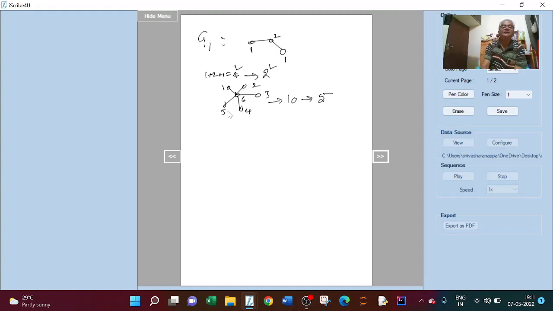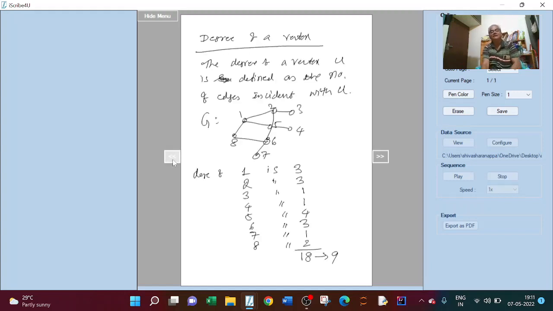So here, the sum of the degrees is equal to 4, and 2 is the number of edges. Sum of the degrees is equal to 10, 5 is the number of edges. And in the first case also, the sum of the degrees is equal to 18, the number of edges is equal to 9. That means here the sum of the degrees is twice the number of edges.